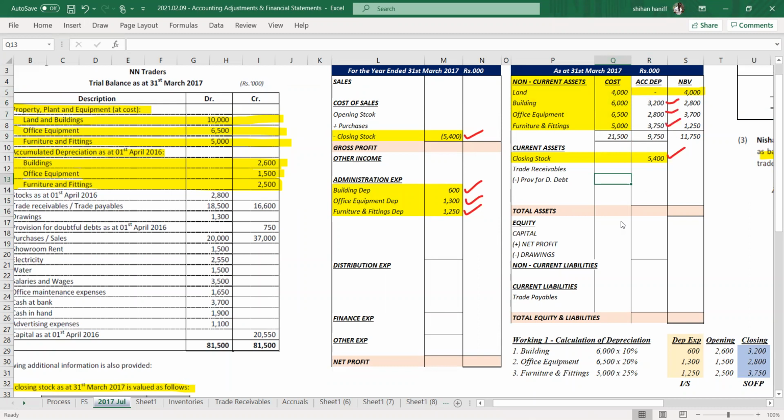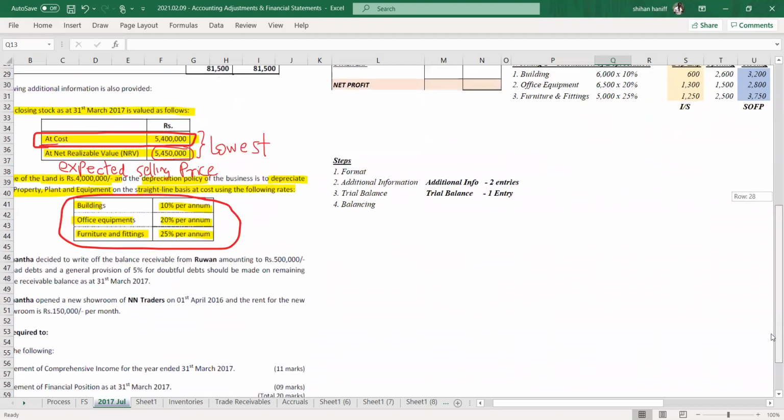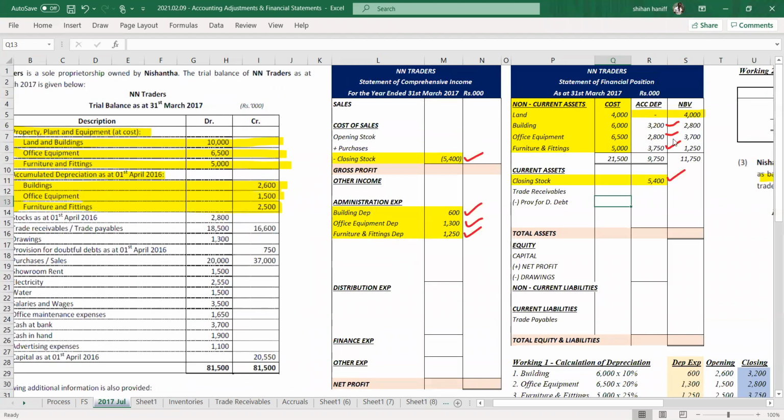This is how you get the marks. But if you have done up to this point, now let's say this question has 20 marks. So if you have done only these things, you will get 1, 2, 3, 4, 5, 6, 7, 8 marks. Already you have got the 8 marks out of 20, if you complete only up to this point.